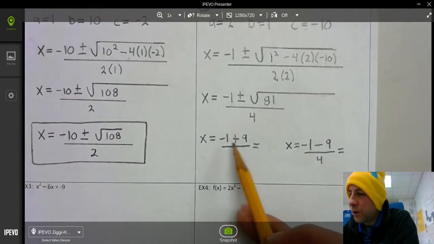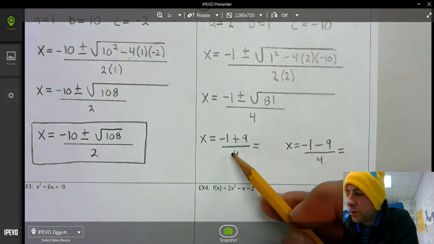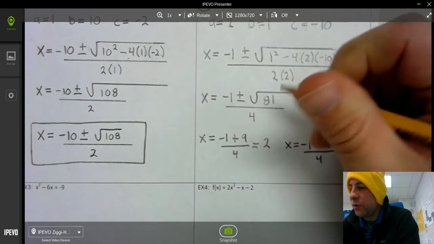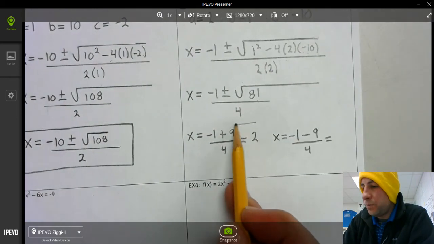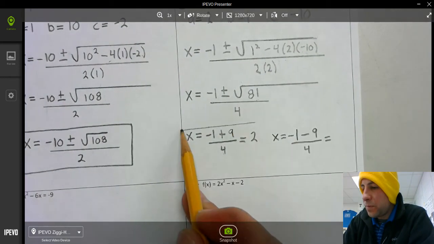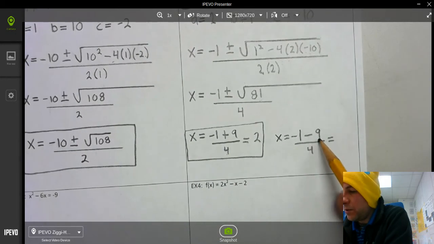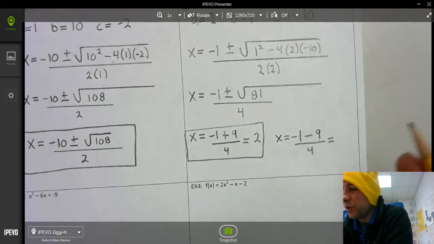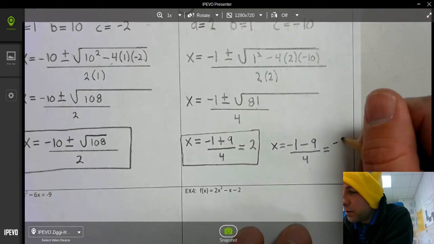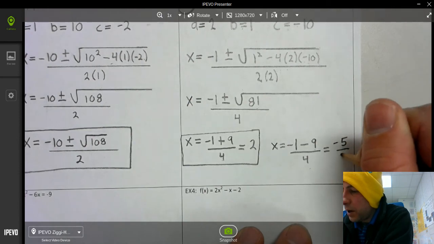So negative 1 plus 9 is 8. 8 divided by 4 is 2. So one of your solutions is 2. Now, negative 1 minus 9 is negative 10, divided by 4, which reduces to negative 5 divided by 2.